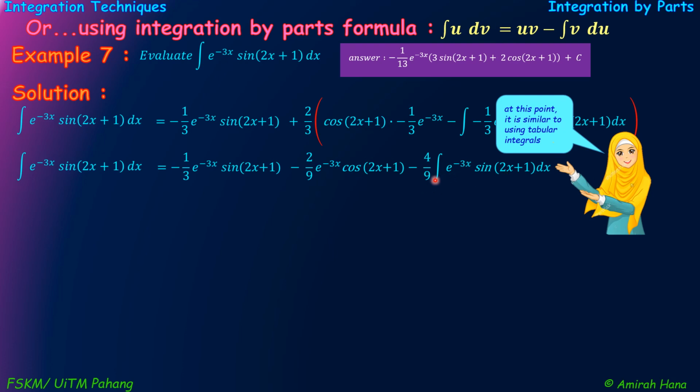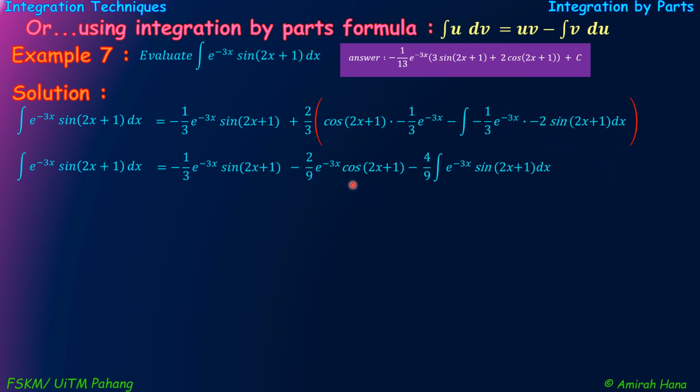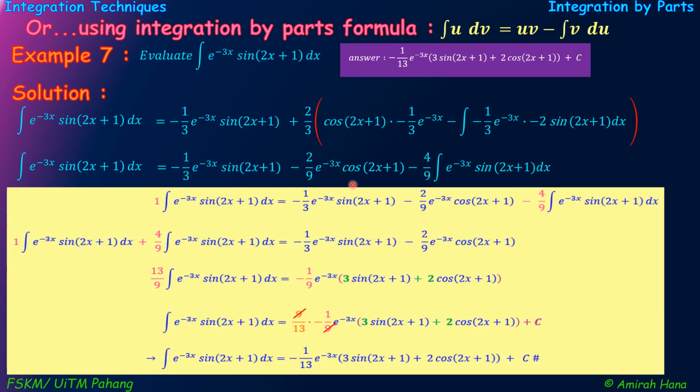At this point, it is similar to when we used tabular integral in the previous slide, so we can refer to the steps from the tabular integral. In the previous slide, we got this.